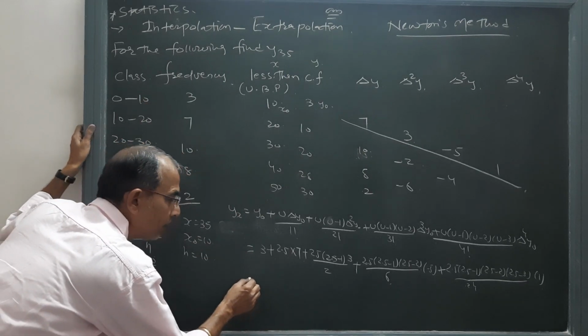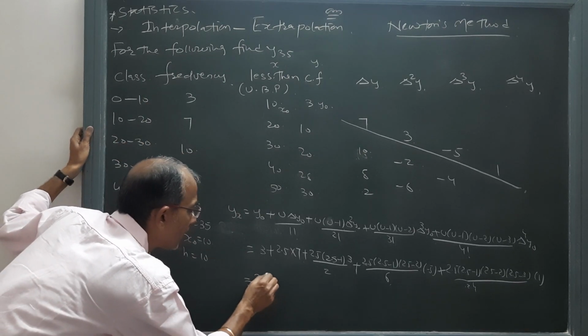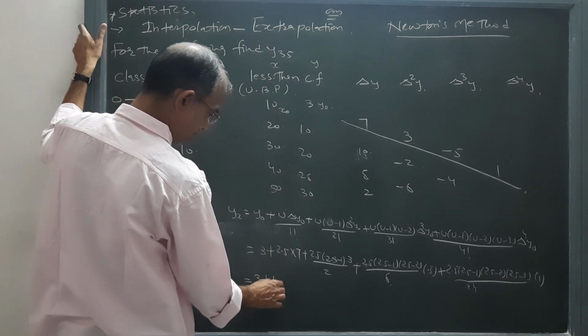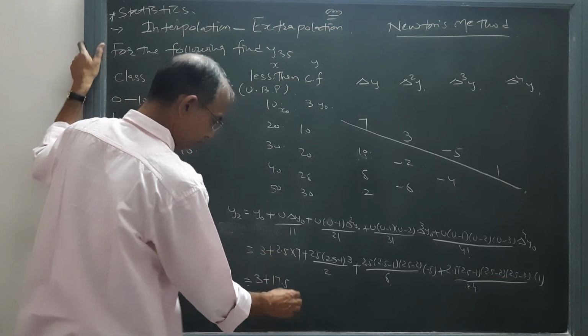So this will become 3, and this will become 17.5.